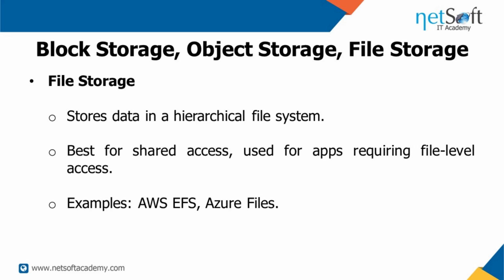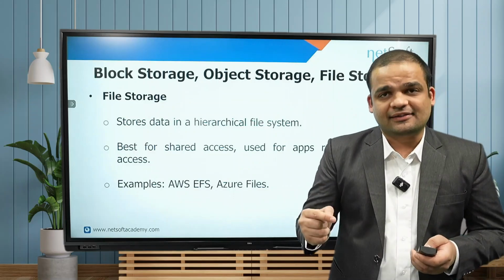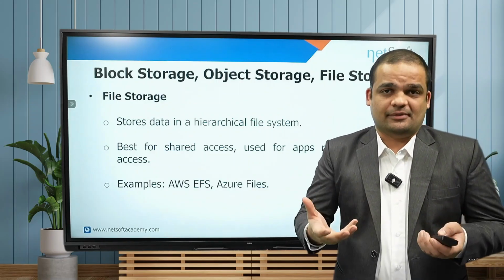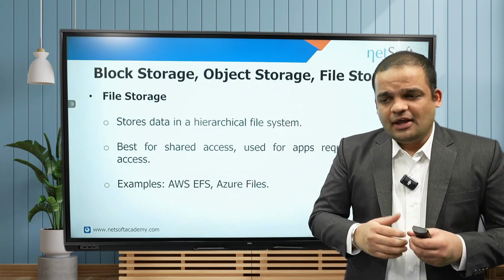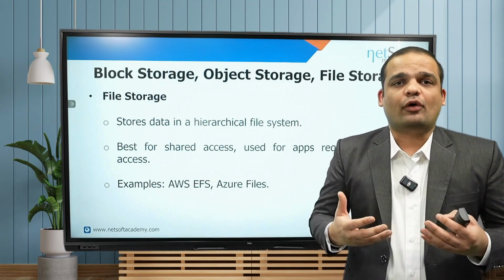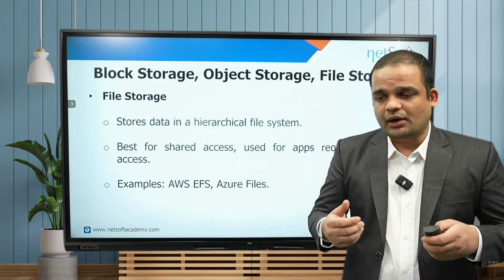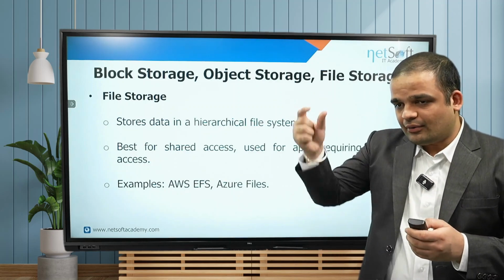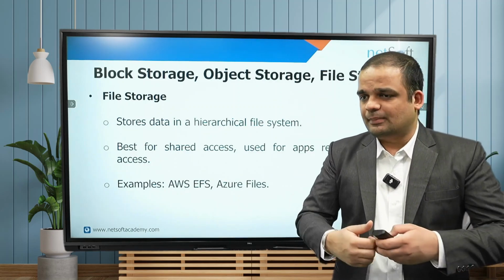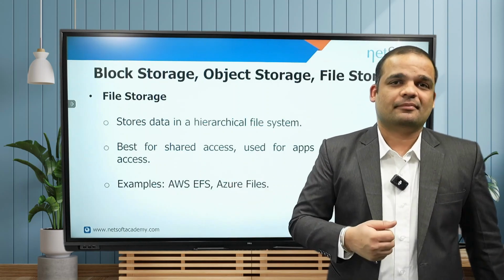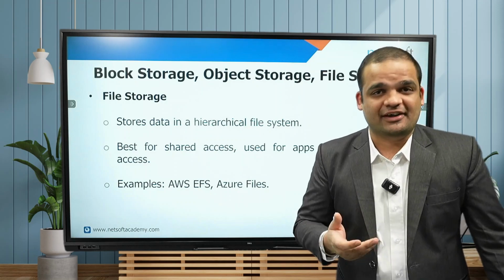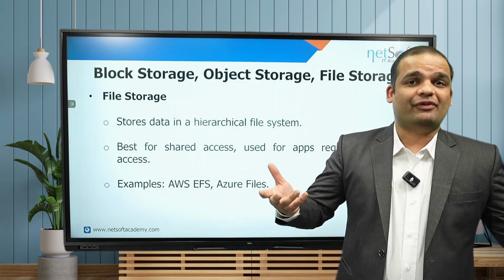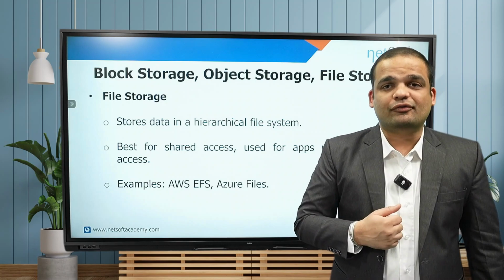This model is designed for applications that require file-level access and shared file systems. Think about the NTFS system, guys. It makes it perfect for a collaborative environment where a file or the file hierarchy will be shared among multiple applications or users. Examples: AWS Elastic File System, EFS, Azure Files, or Google Filestore.